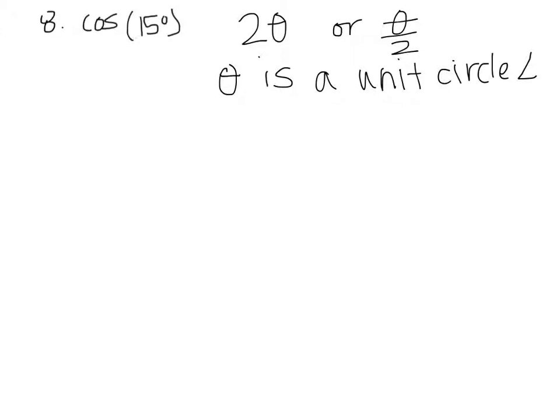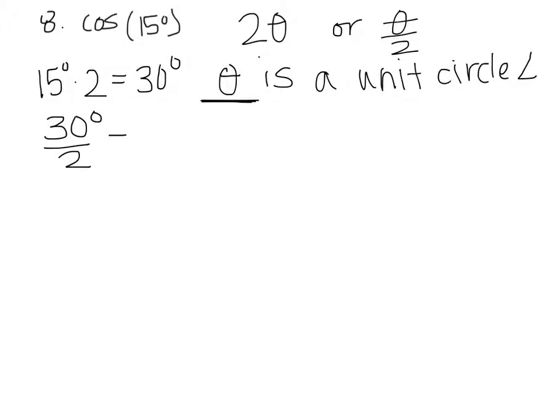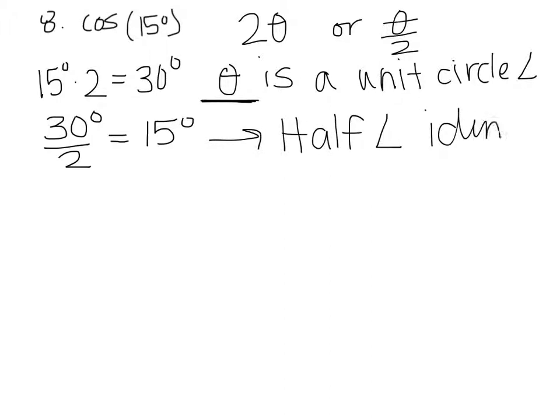So immediately what I'm thinking is I know that 15 degrees times 2 would equal 30 degrees. So to turn this around and be in terms of theta, we could think of this as 30 degrees divided by 2 equals 15. So what this tells me is that I want to use a half angle identity.